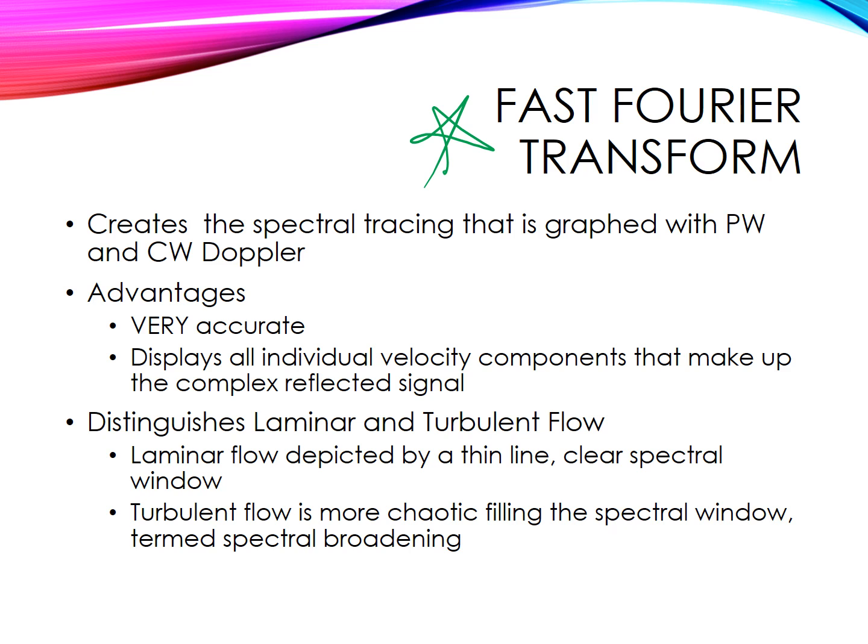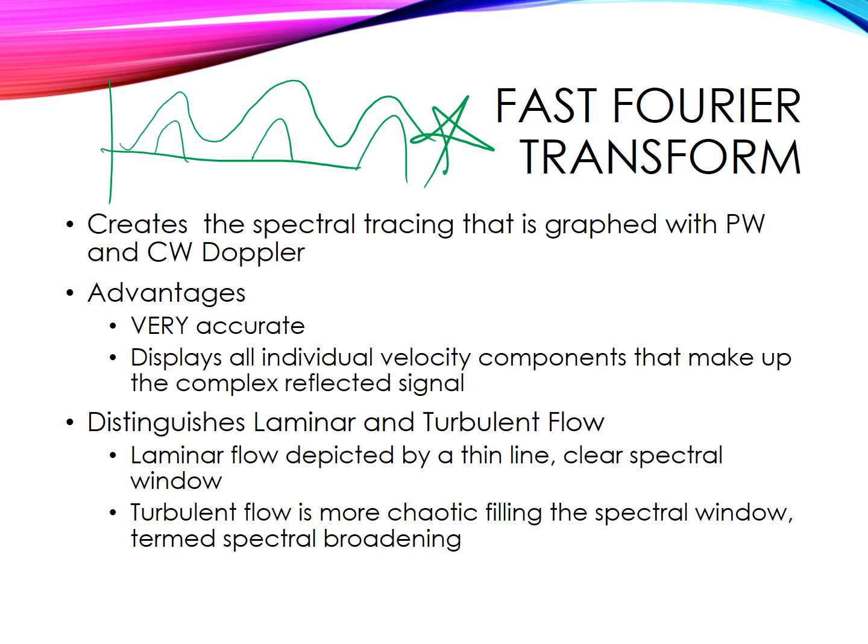When we have laminar flow depicted in our spectral window, we're going to have a nice smooth line going throughout. We're going to have nice open windows and it'll be very smooth looking because all the blood cells are pretty much moving in the same direction at a certain speed.